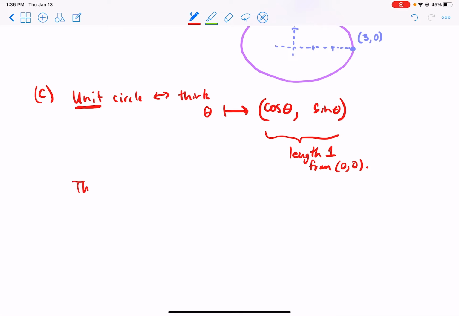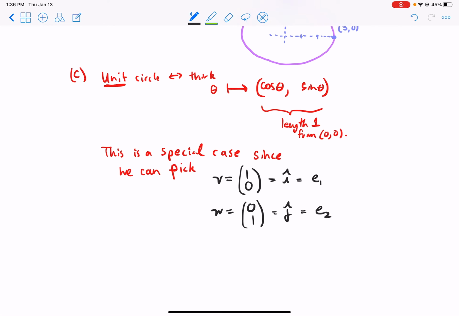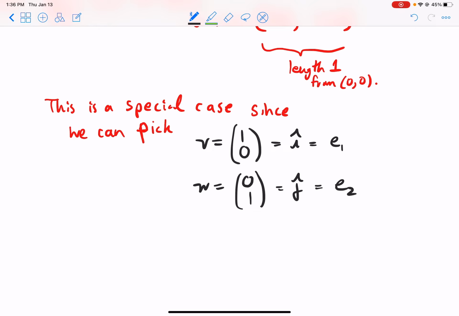So this is a special case of our formula above, since we can pick V equals (1, 0), which is also called i hat, or e1, and I can pick W equals (0, 1), which is also called j hat, or e2, depending on what you prefer to call it.